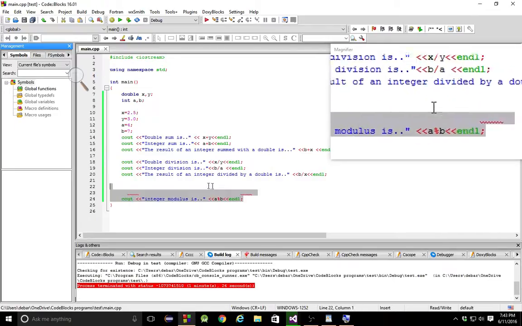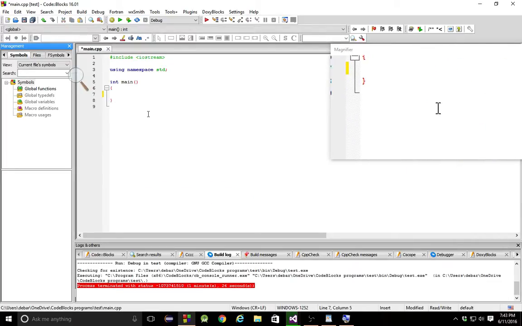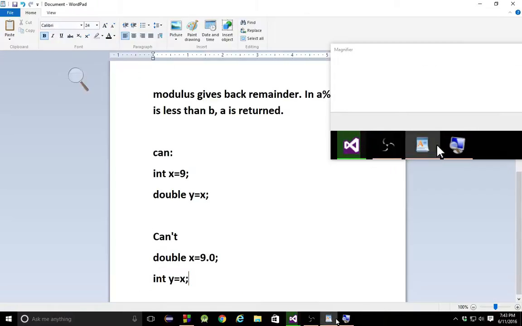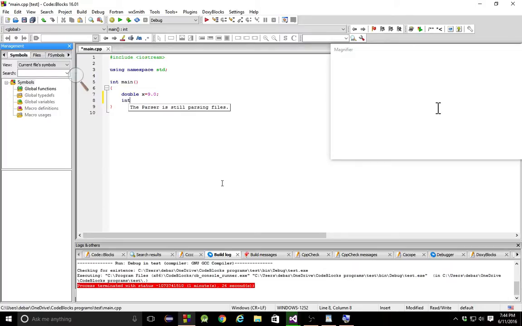So let's try double x equals 9.0, int y equals x, system out println.